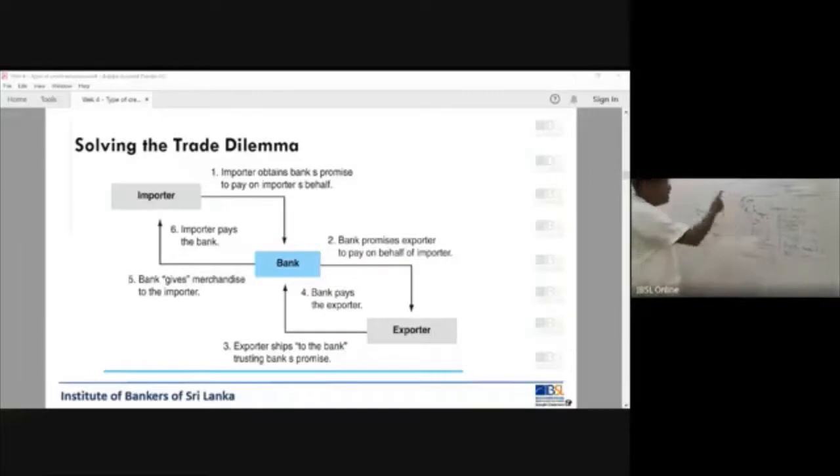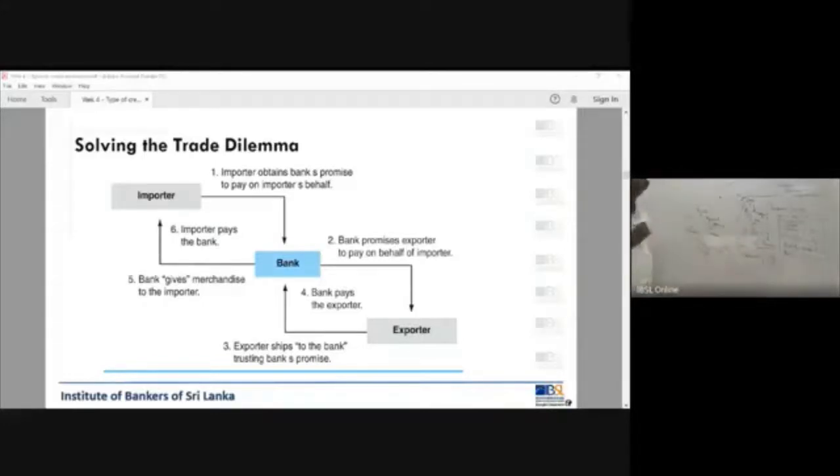So this is the entire process of LCs. This kind of LC, as soon as the documents are in order, we pay. Those kinds of LCs are called sight LCs. What do you call those kinds of LCs? LCs at sight. Right?